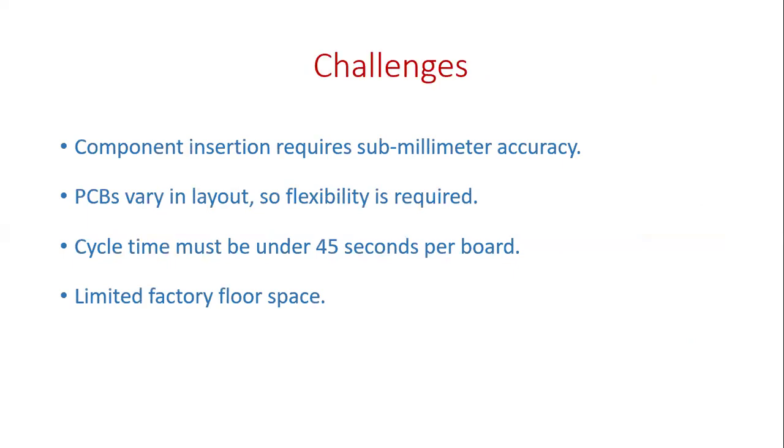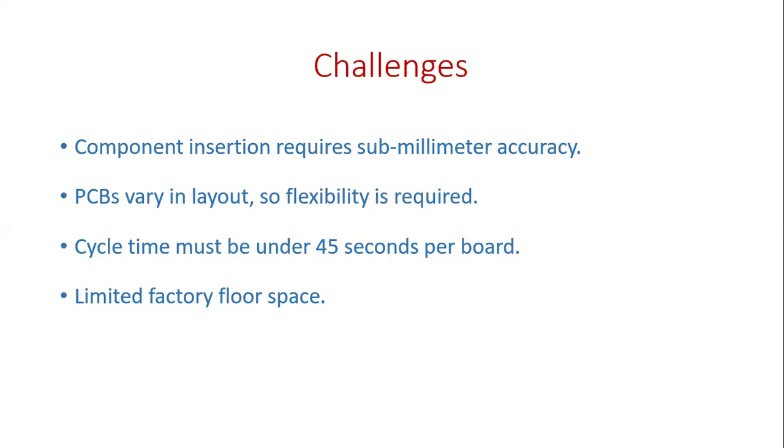These are some of the common challenges that are addressed here. Each electronic component that is supposed to be inserted into the PCB board must be placed with utmost care and accuracy. Every PCB board does not have the same shape and size, so it may vary according to the layout.